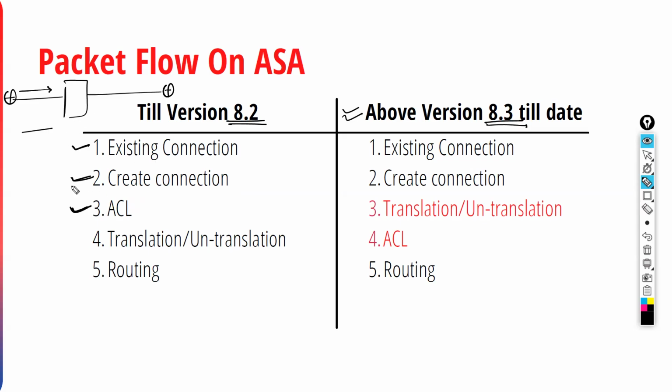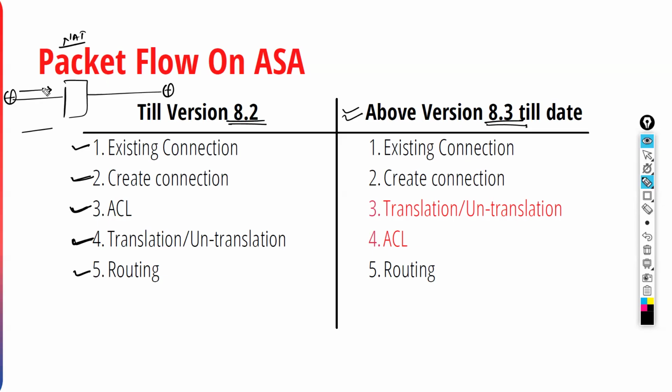Then after, if it is permitted, ASA will check translation, that when it is going out, is there any NAT done? Translation or untranslation has to be done. ASA will do the translation or untranslation, and then according to the routing table information based on the destination IP address, ASA will perform the forwarding. This was the packet flow.